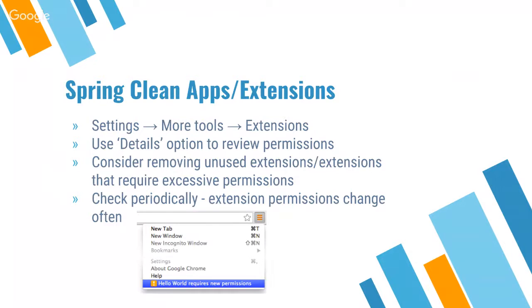Obviously, if you have apps that you're no longer using, you want to either deactivate or completely remove those. But the biggest issue that we're seeing these days is with the rights that apps are asking to be granted. And you can review that at any time by choosing the Details option. And the details are just going to show you the permissions that the particular app needs to run. And so everything that we talk about has to be within the appropriate context.